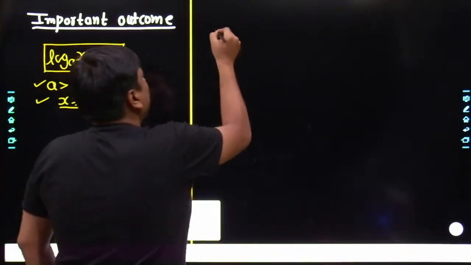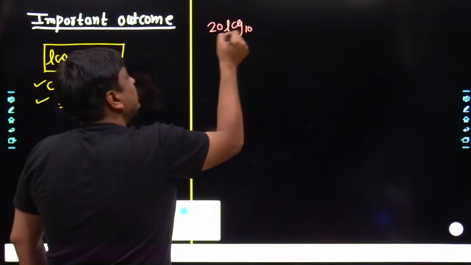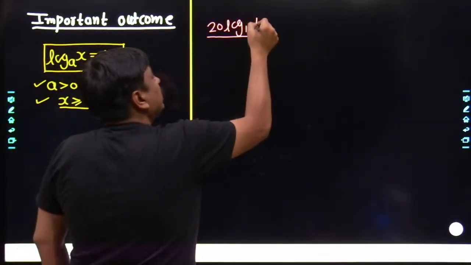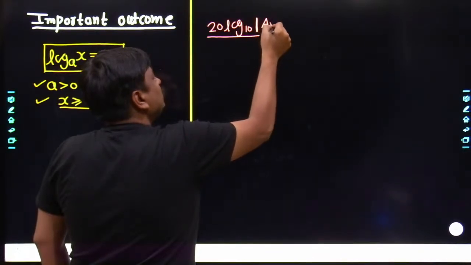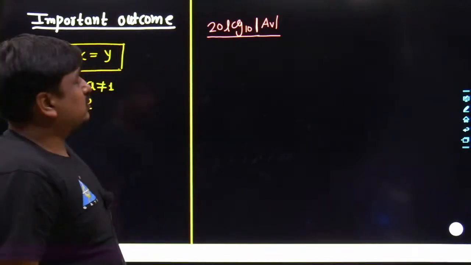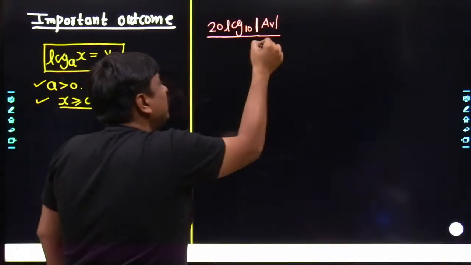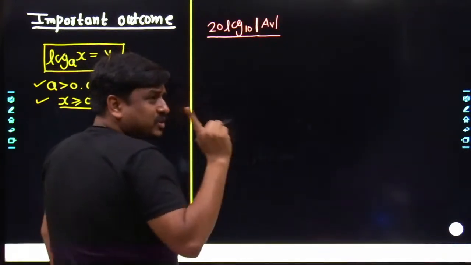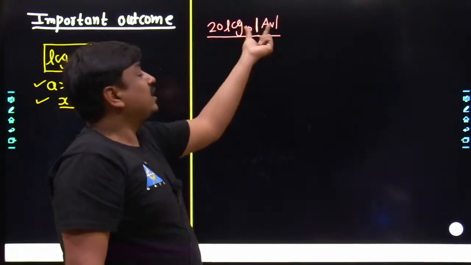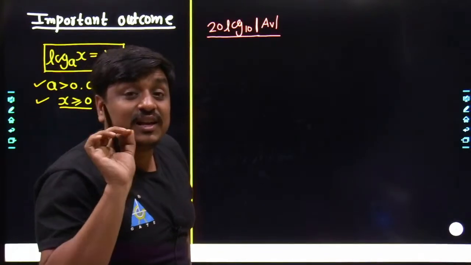If you talk about the voltage gain, how do we calculate it? The voltage gain is calculated as 20 log base 10, and here for the voltage gain in the linear scale, we take its modulus or absolute value. Why do we do so, my dear friends? Because that voltage gain can be positive and can also be negative, and if the AV becomes negative, the log cannot be operated over the negative value of a real number, and hence the mod has been taken, just to avoid the negative value over here.